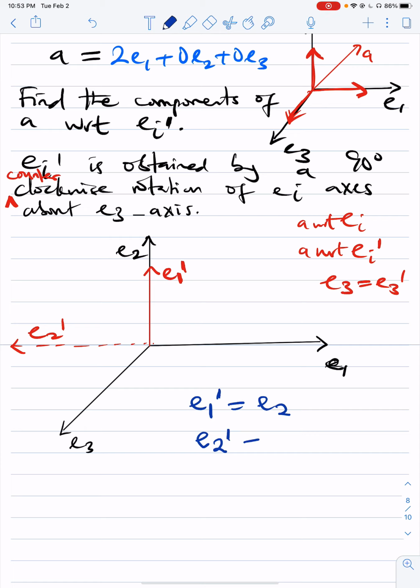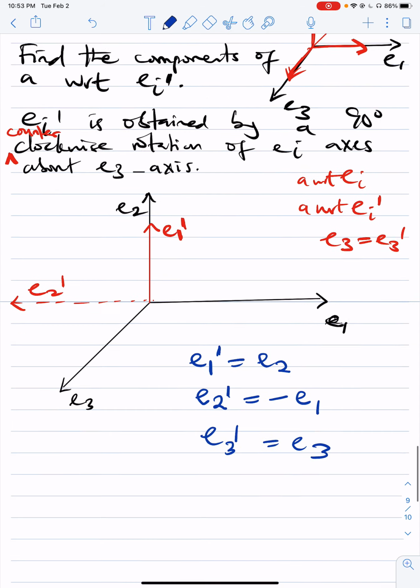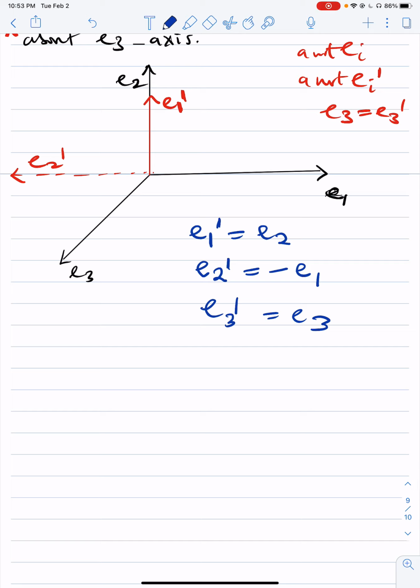E2 prime has become negative E1, because E2 prime is going in the negative direction, and this is the positive direction. So it's simply a swap of signs. E3 prime is simply E3 because that is the axis of rotation. With this we can get the matrix that was responsible for this rotation. That was very straightforward, right? How do we get that?